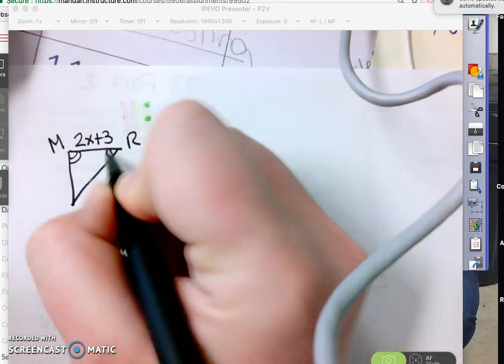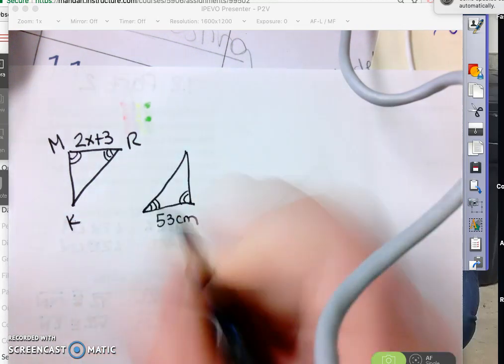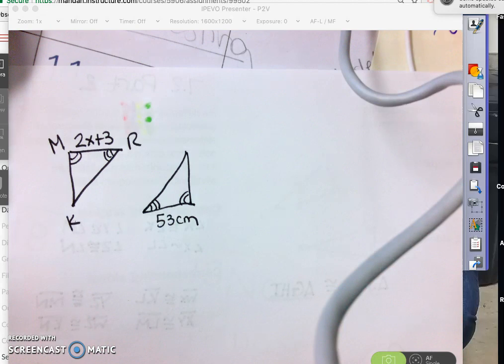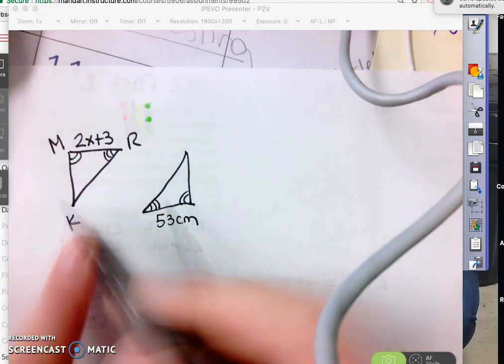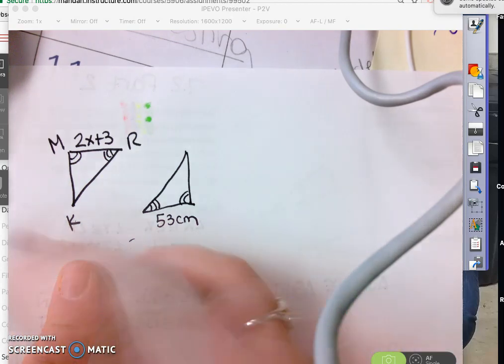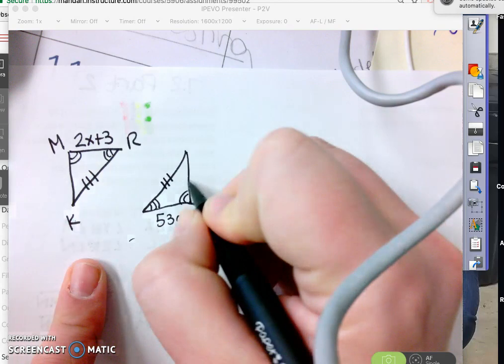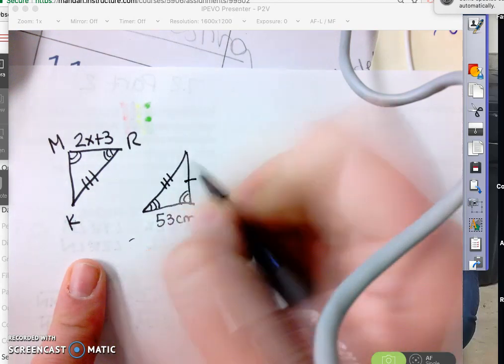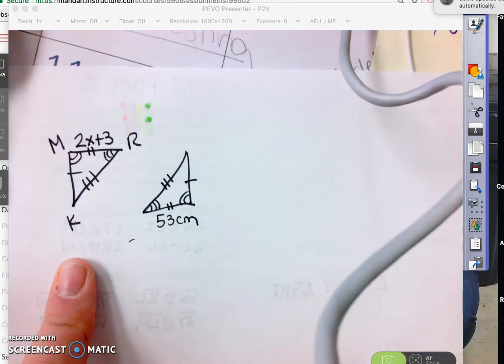And this is 3, and this is 3. So when all said and done, let's say this is 1, this is 1, this has 2 tick marks, and this has 2 tick marks.